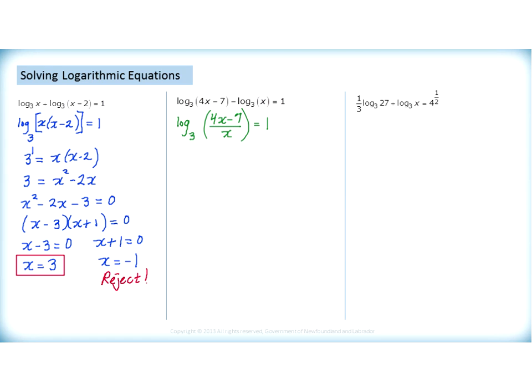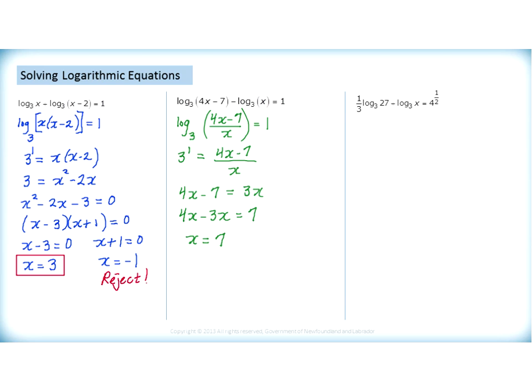Again, we need to convert this to exponential form, so we have 3 raised to the power of 1 is equal to 4x minus 7 divided by x. Cross multiplying, we get 4x minus 7 is equal to 3x. 4x minus 3x will equal 7, so we have x equals 7 as our final answer.